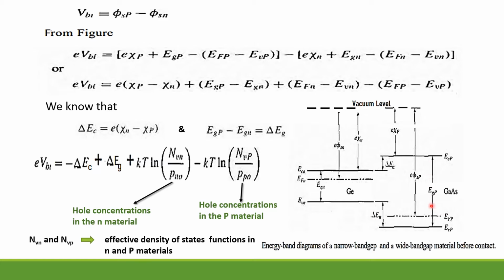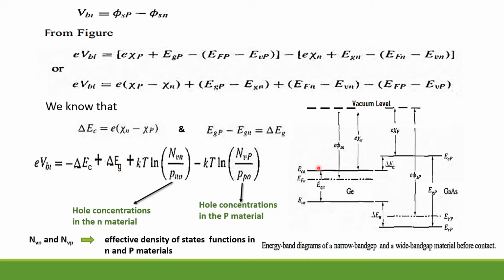And this gap is actually EGP minus the gap between EFP and EVP. So, we can write it as E chi P plus EGP minus EFP minus EVP. This is our first term.